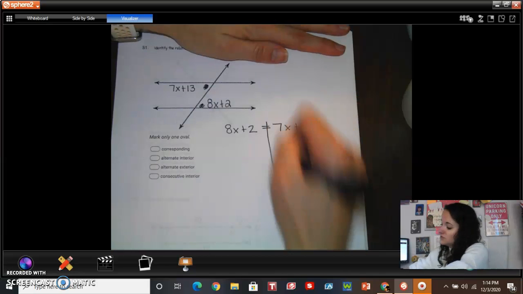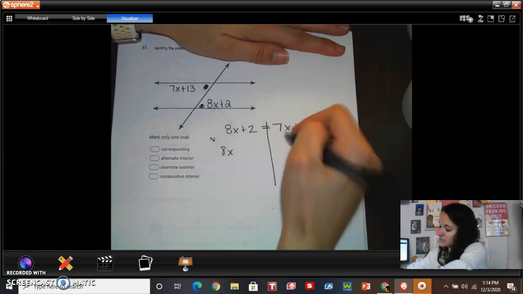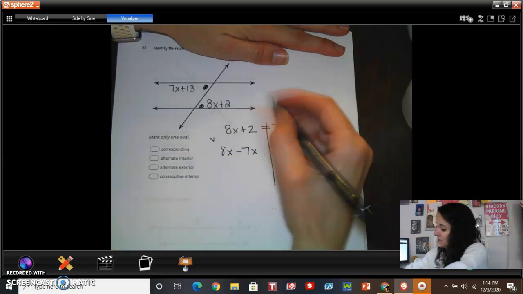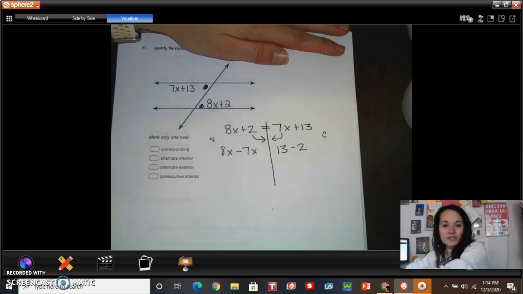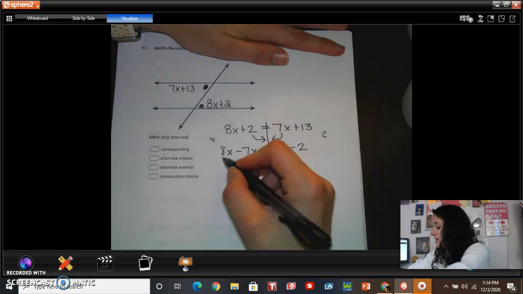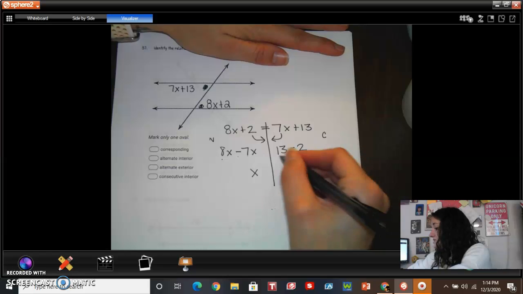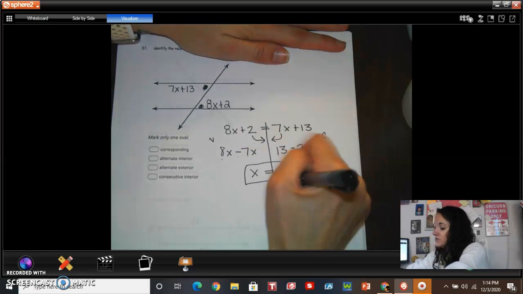For instance, we would have 8x minus 7x, because 7 had to go through the wall, and then we have 13 minus 2, because 2 had to go through the wall. When it goes through the wall, it turns opposite. So 8x minus 7x just leaves you with x, and 13 minus 2 leaves you with 11. So that would be your answer.